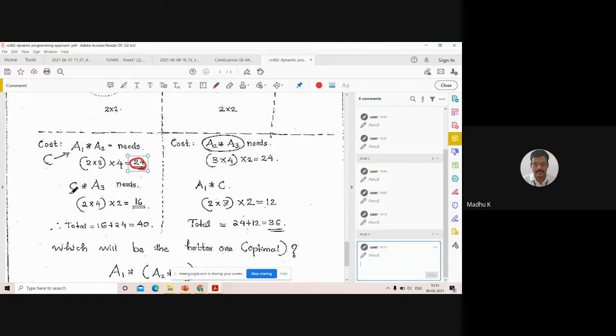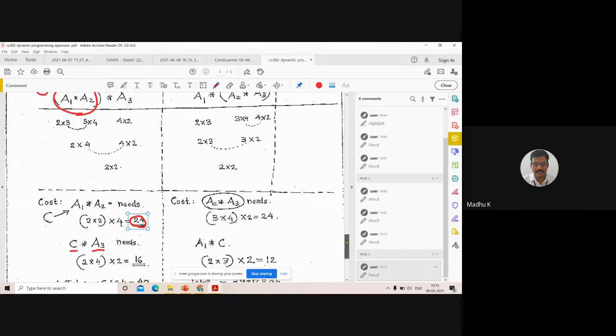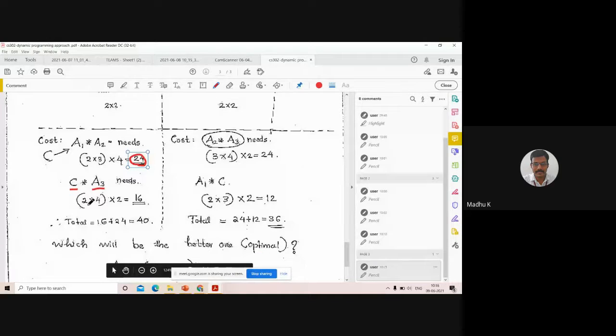Then this is multiplied with a3. That is, C into a3 we want to perform. We want to multiply the result of this, which is C, with a3. Now what is the order?